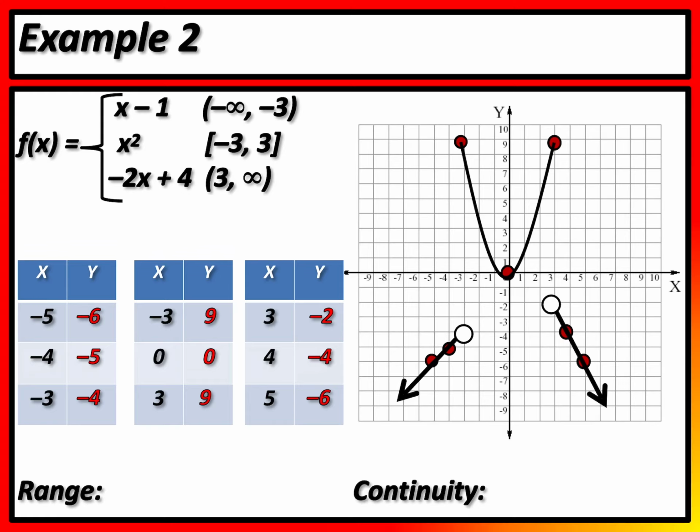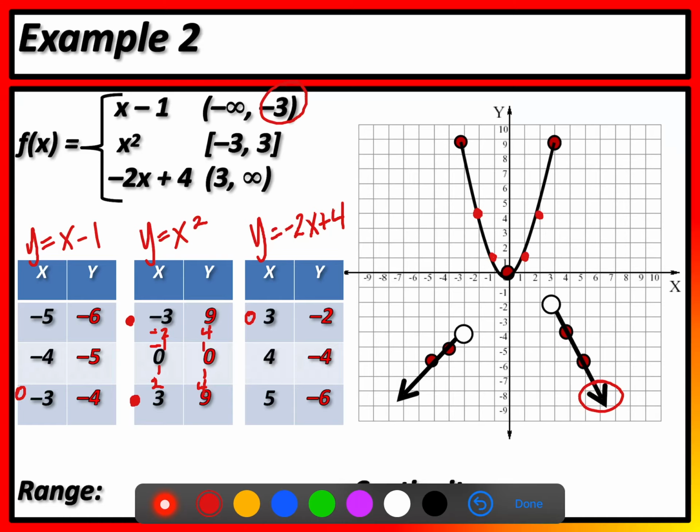All right, so for the range, we're looking at the y values. So I'm going to start from the bottom up, because remember we start the smallest values in the interval. So the bottom here would be the smallest. So the arrows indicate that we're going negative infinity. Okay, these are going to continue on.